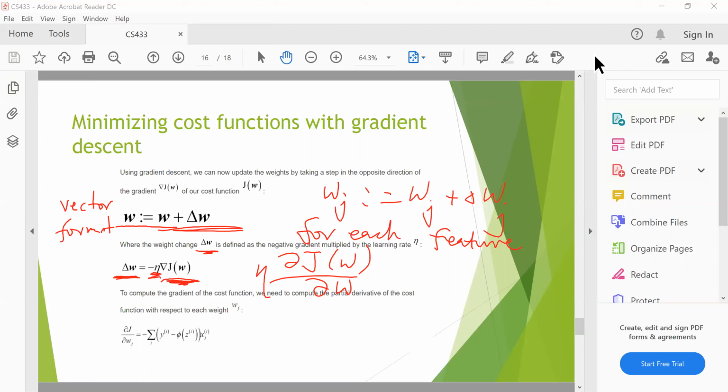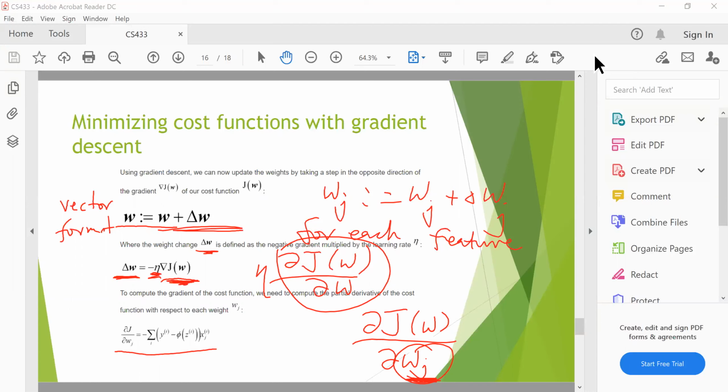And what is that derivative to the weight? Regarding each individual one, for each individual feature, to the corresponding feature. If you take a partial derivative to each of the feature weights, we will come up with this solution.